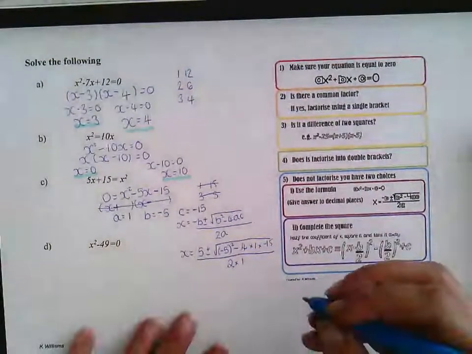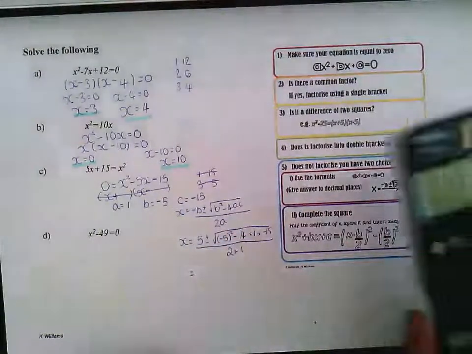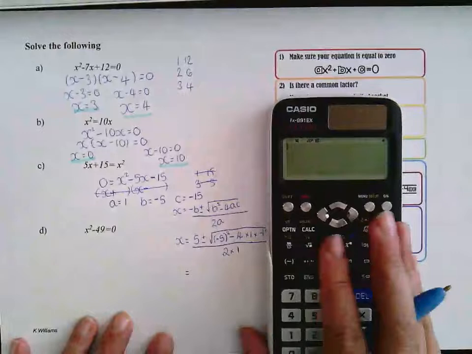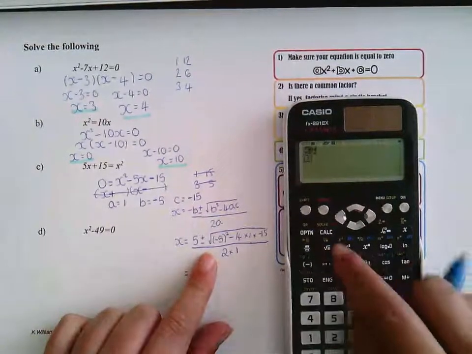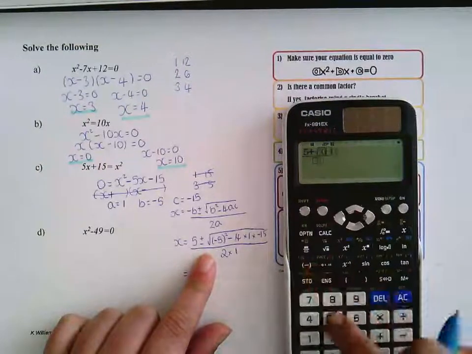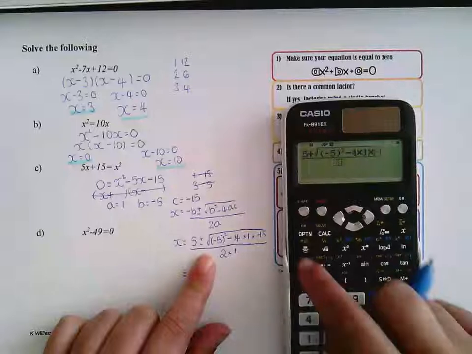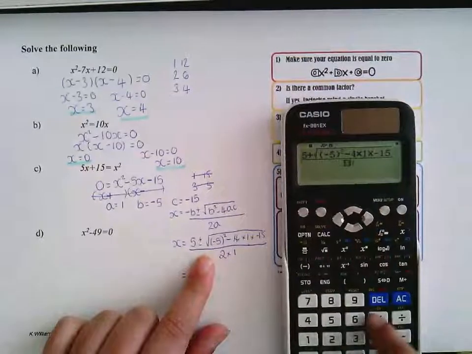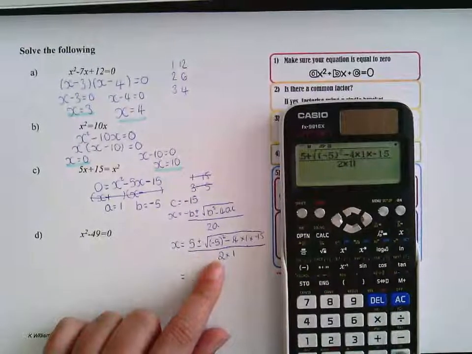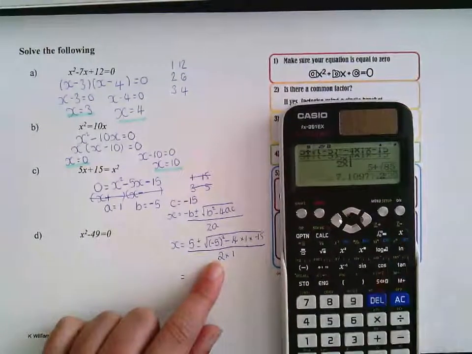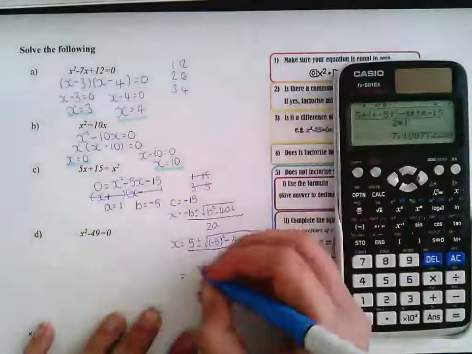This is one of the reasons why we only use the formula when we can't factorise, because it does take a bit longer, and I have my calculator here ready. So remember, I'm going to type this in now. First time I type it in, I put the plus sign in. Almost made a mistake there. And our answer, and I'm going to go for 2 decimal places. So we've got one answer as 7.11.